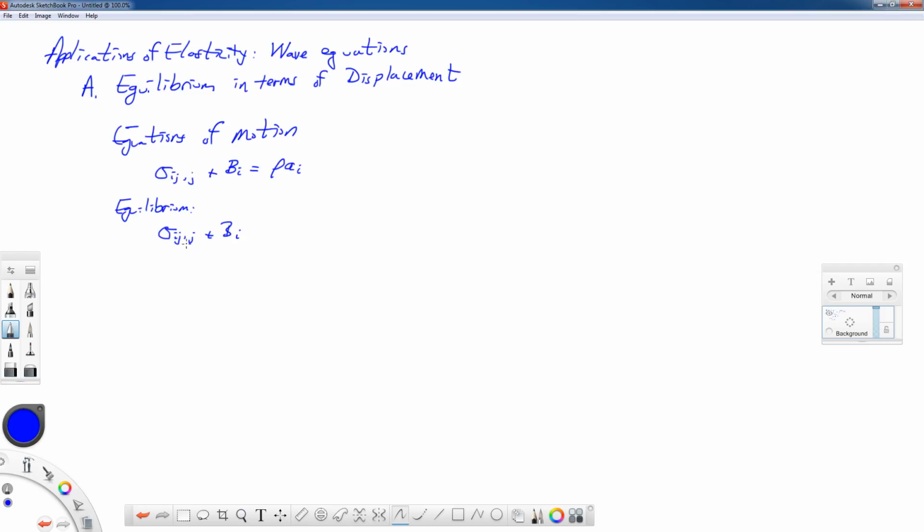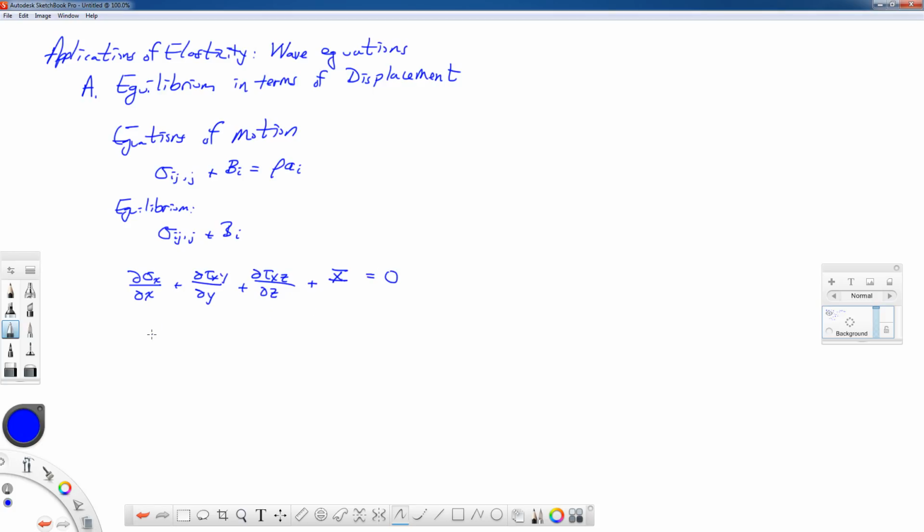Just as a reminder, the repeated subscript j means that we have an implied summation from 1 to 3. I is a free index in this equation. Let's go ahead and write down our equilibrium equations just to review them. We have three of them: the partial derivative of sigma 1,1 or sigma x with respect to x, plus the partial of the shearing stress tau xy, or we can call it sigma 1,2, with respect to y, plus tau xz with respect to z, plus a body force term. If we're writing it out in terms of coordinate directions, we can call that capital X instead of B1, equal to 0.